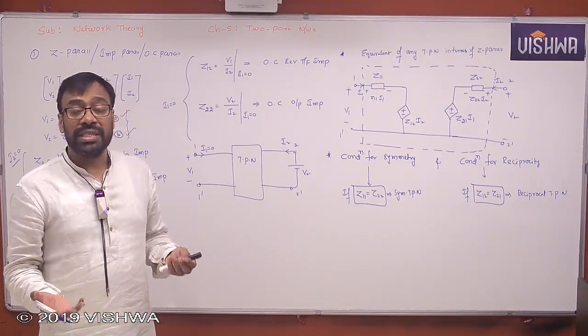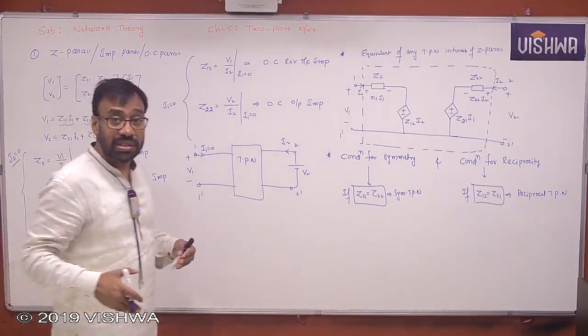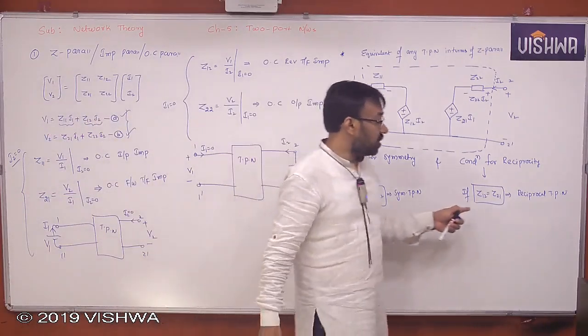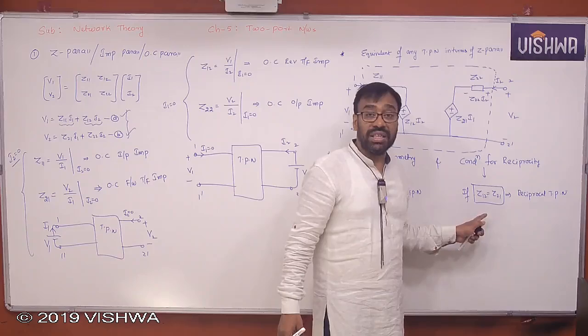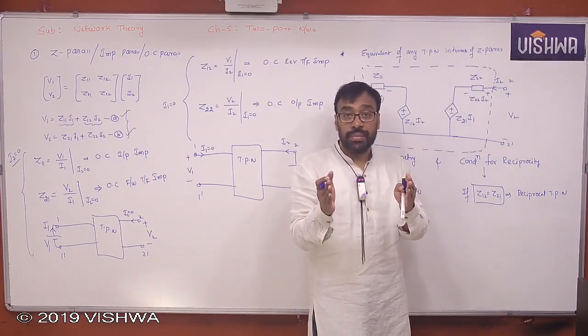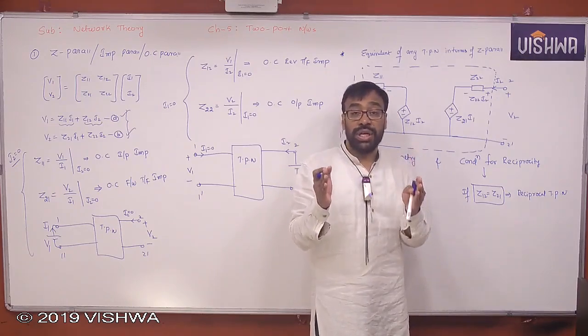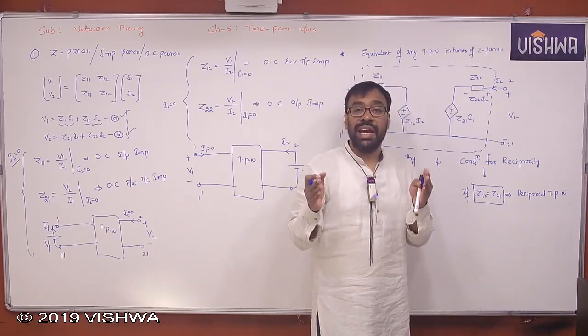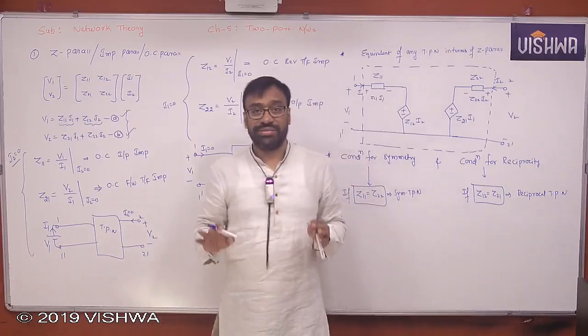But it is an unnecessarily time-wasting process. Don't waste your time by finding Z12 and Z21. Simply see the given two-port network, whether it has any dependent sources or not.